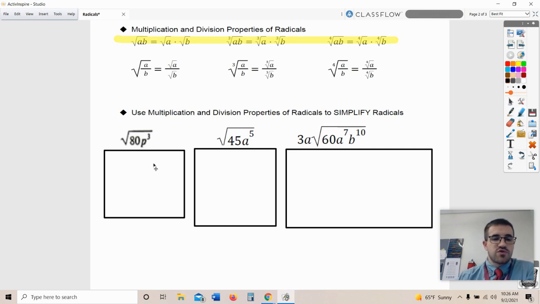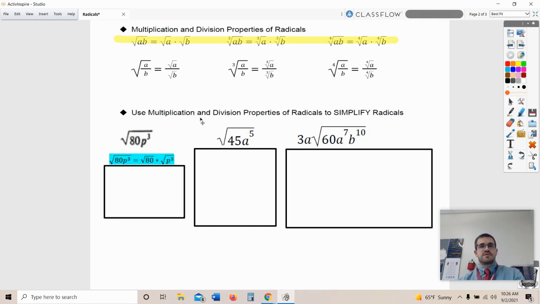So when you're looking at the square root of 80p cubed, you can separate that into the square root of 80 times the square root of p cubed, and then treat them just like you were doing before.